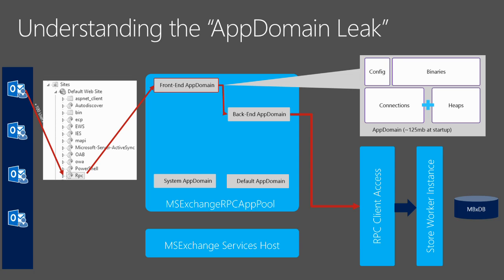As part of the initialization, the config, binaries, connections, and heaps are all created in the app domain. That's your memory footprint of 125 megabytes at startup, right?